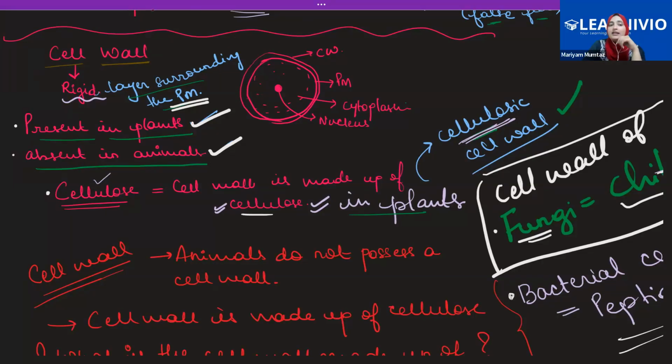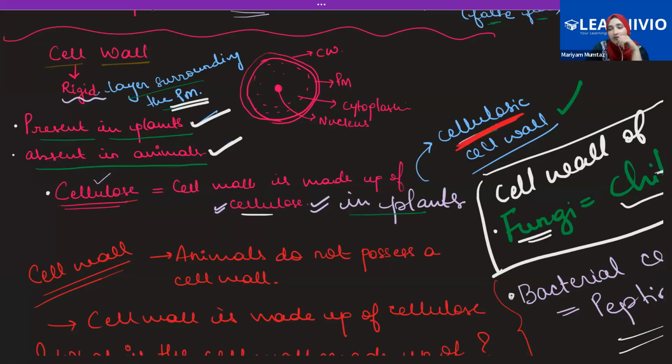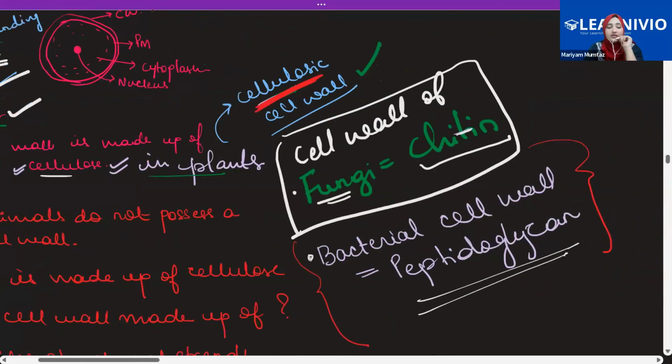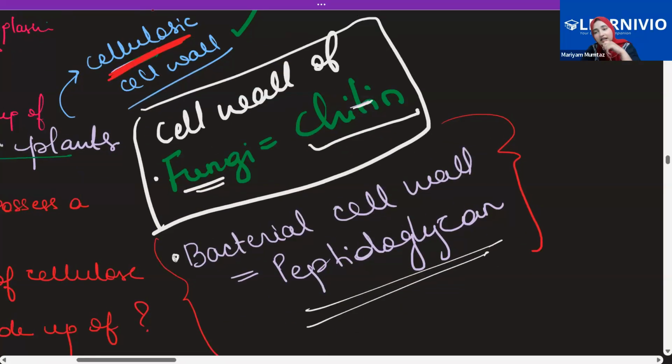The cell wall in plants is made up of a compound called cellulose. So we say that plants have a cellulosic cell wall, meaning it is made up of cellulose. Animals obviously do not have any cell wall. But a fungus and a bacterium have a cell wall.